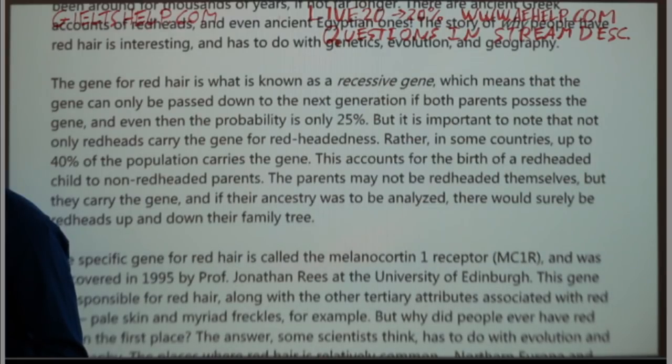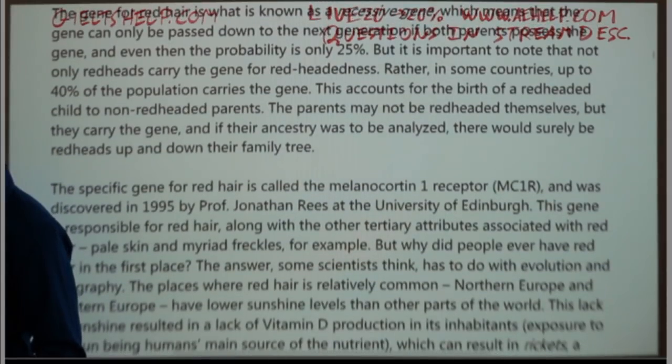Rather, in some countries, up to 40% of the population carries the gene. This accounts for the birth of a red-headed child to non-red-headed parents. The parents may not be red-headed themselves, but they carry the gene. And if their ancestry was to be analysed, there would surely be redheads up and down their family tree.